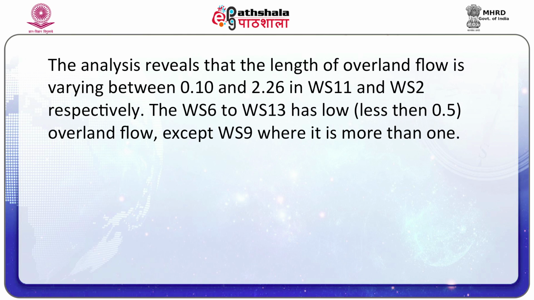The analysis reveals that the length of overland flow varies between 0.1 and 2.26 in watershed number 11 and watershed number 2 respectively. Watersheds 6 to 13 have low overland flow except watershed 9, where it is more than 1.